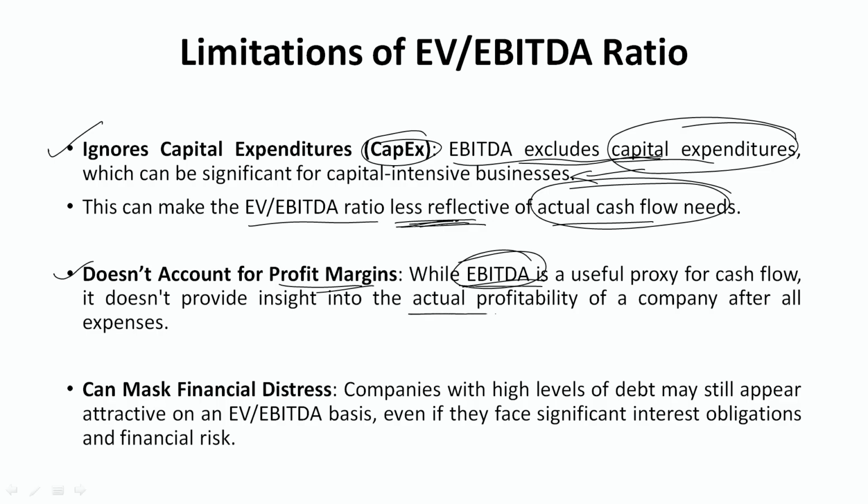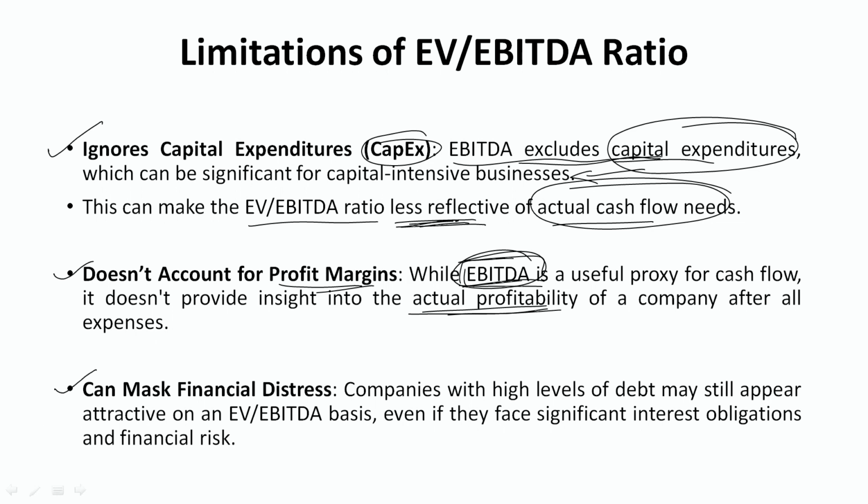So this is not the actual profitability and may not be a true representation of the whole thing. In certain cases this factor may be very high, and in that case the company could be undervalued. So there are chances like that as well.